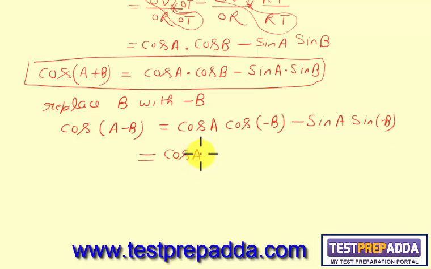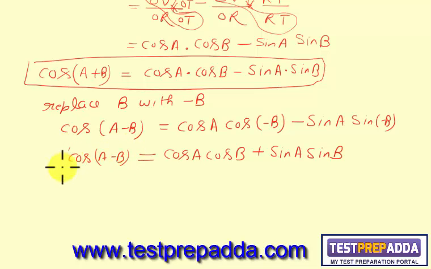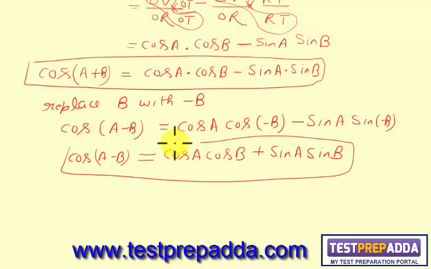So at the end it becomes cos A cos B plus sin A sin B, and this is cos A minus B. Another very interesting identity.